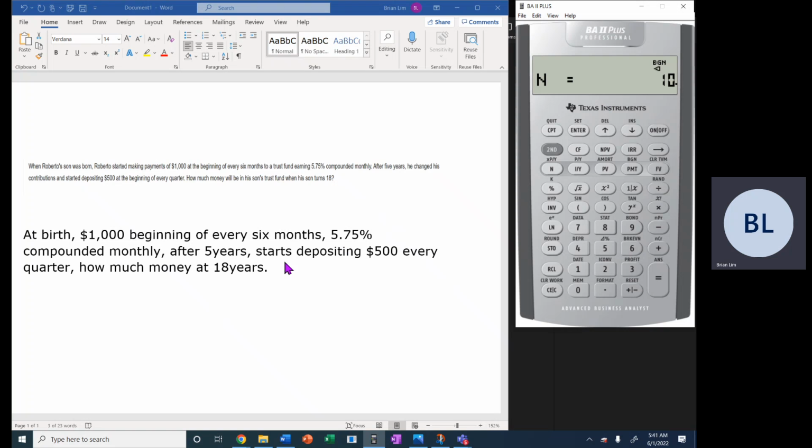All right. Now it's $1,000 and the interest rate is 5.75. So let's put in 5.75 for I/Y. Present value, I will put in 0 for the present value, making payment of $1,000 right here.